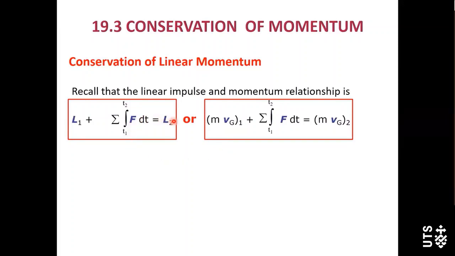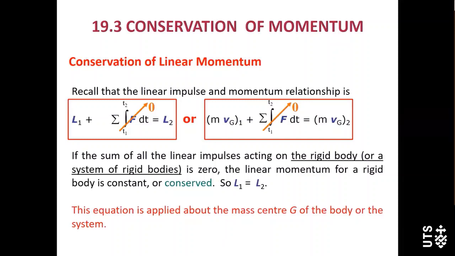Starting from the principle of linear momentum, if the sum of all the linear impulses acting on a rigid body or a system of rigid bodies is zero, the linear momentum for the rigid body or system will be constant, or conserved.